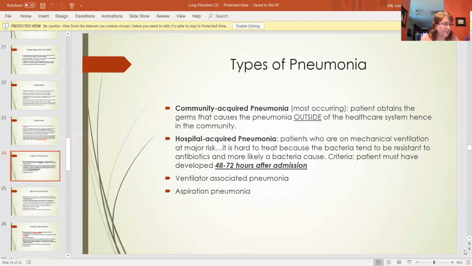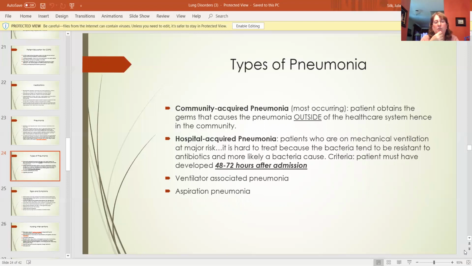And then ventilator-assisted pneumonia is, hey, I have a ventilator in because I'm in the ICU or something, and I can't breathe on my own. So the ventilator is breathing for me. But with a ventilator, you are intubated. You have this tube that's put down your throat.